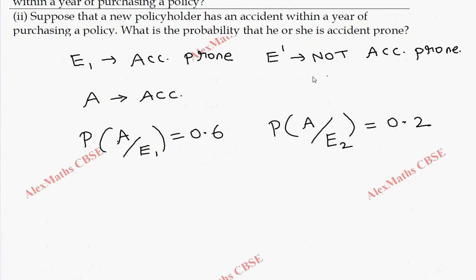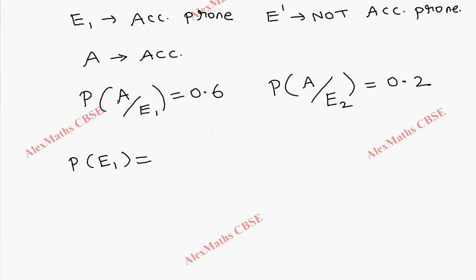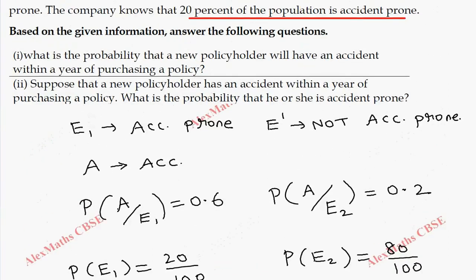So accident prone we have named as E1, so P of E1 is 20 by 100. And P of E2 will be the remaining, because there are only two classes of people, so that will be 80 by 100.